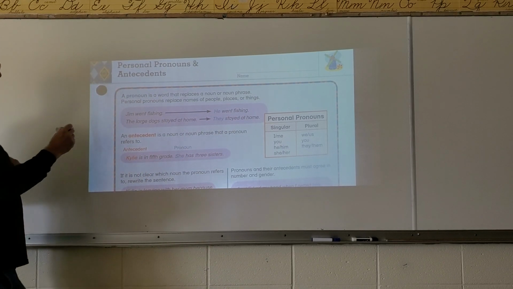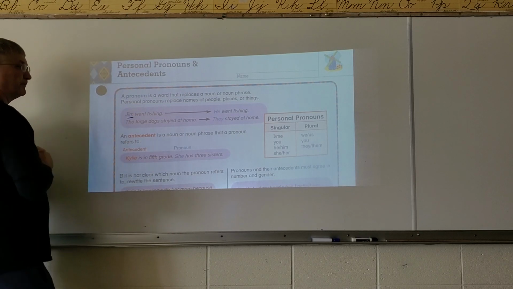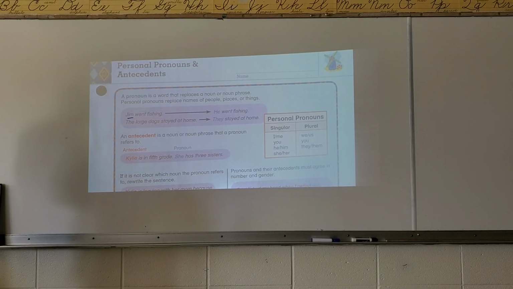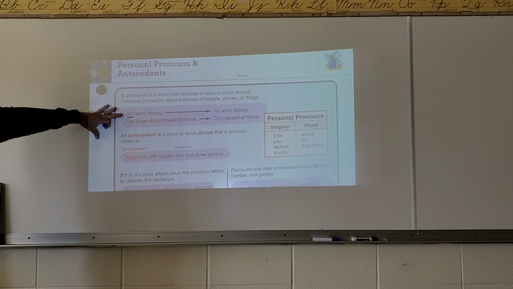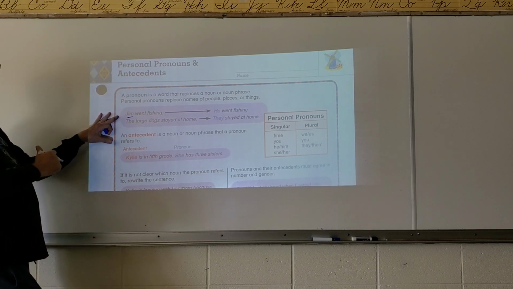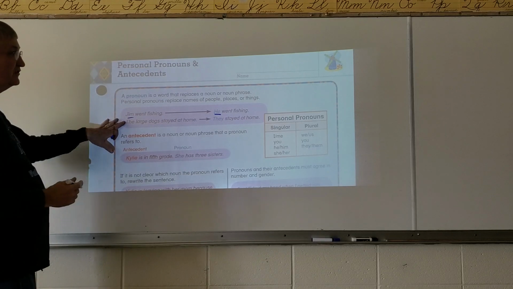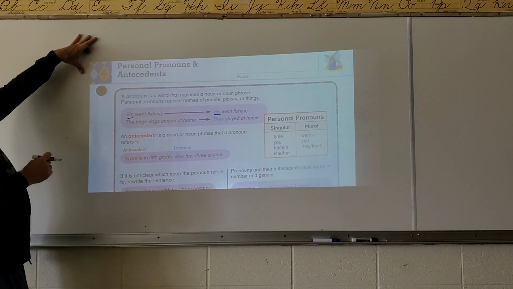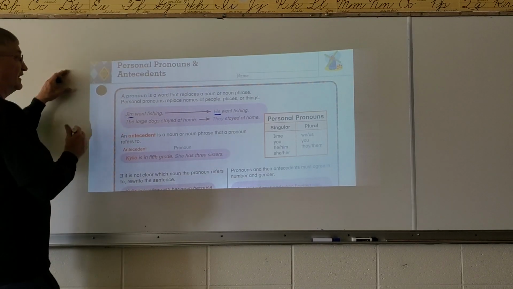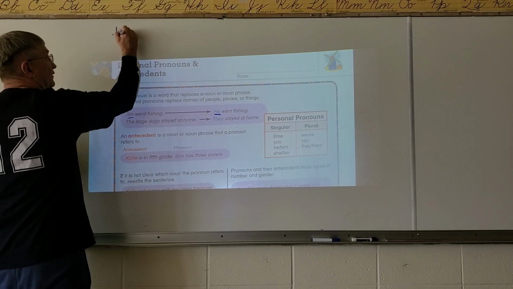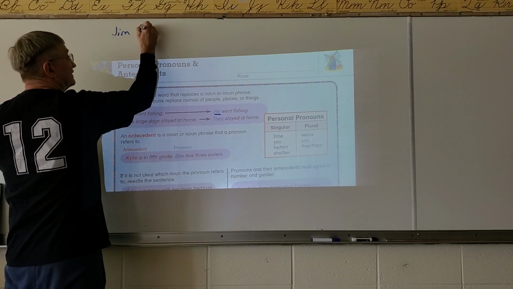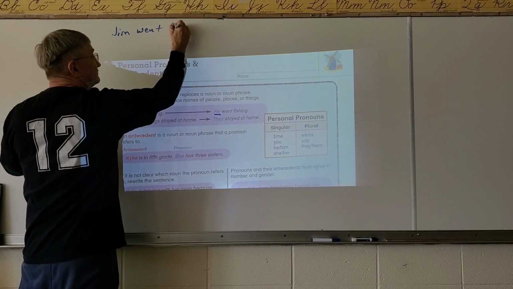So for example, we have the word Jim. Now Jim could have different phrases referring to him. We could have him, he, his. In this case, we're using the word he. I'm going to write this above it because I know you can see this. In their writing: Jim went fishing.